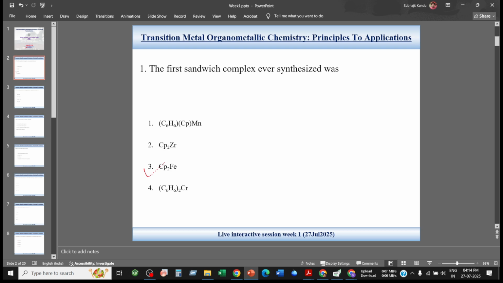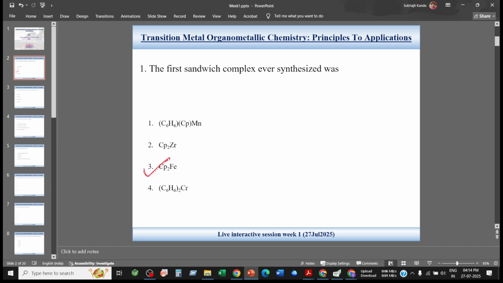Can you tell me the overall valence electron count for this complex? Yes, ferrocene has 18 electrons. We will discuss the 18 electron rule at the end of this session.